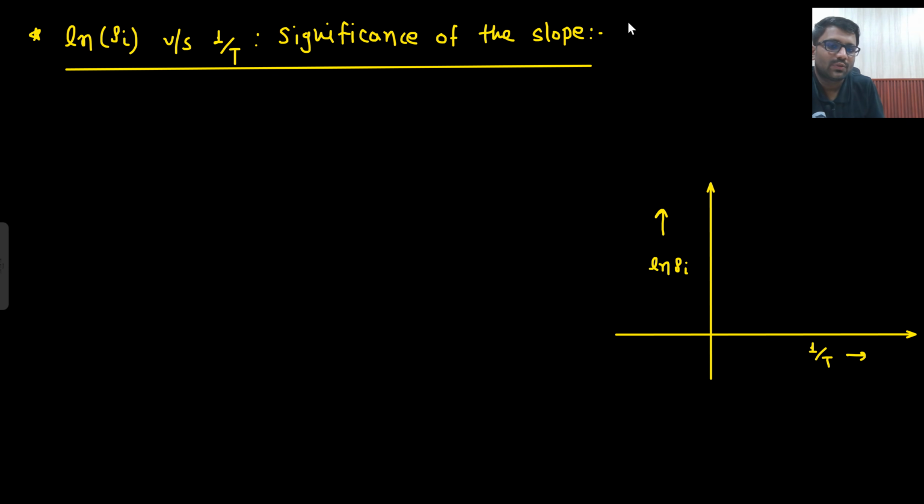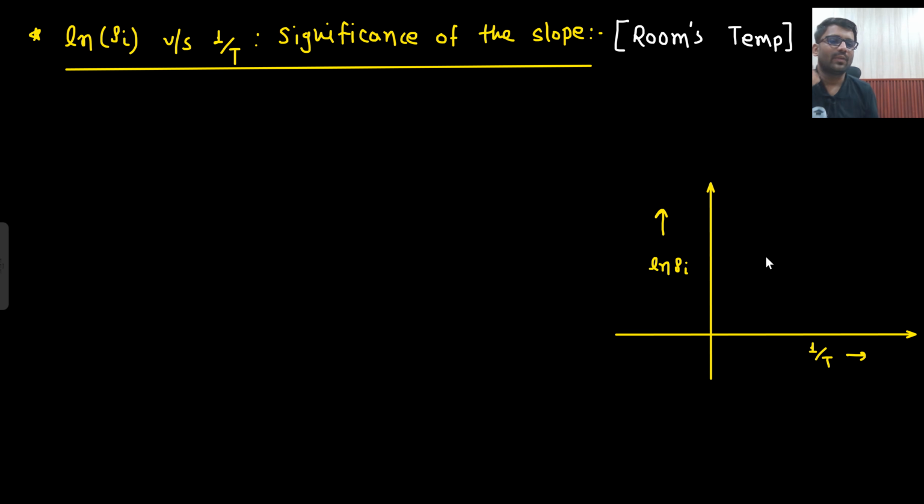Temperature is not mentioned, so by default I will take room temperature. First, can you comment whether it will increase or decrease? Think about it and comment whether the nature will be like this or like this. And then what will the slope represent? That also you need to tell.